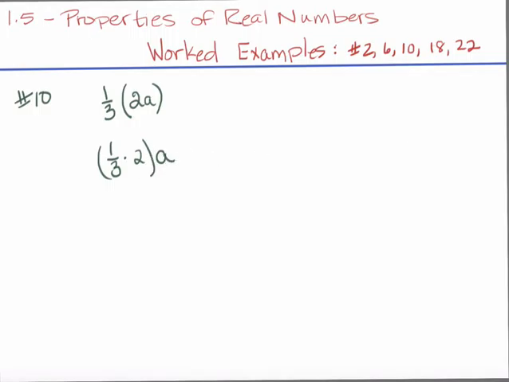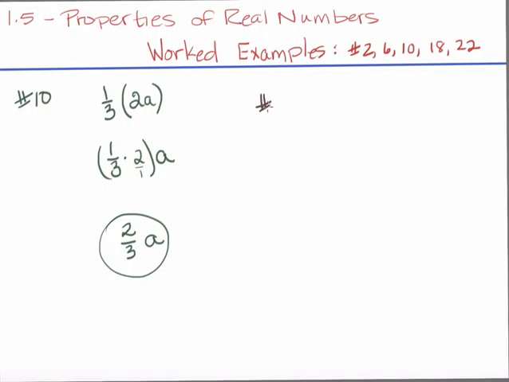Well, remember in an earlier video I said I tend to think of 1/3 times 2 as 1/3 of 2. There are lots of different ways you can do arithmetic with fractions. That's not really the subject of this video, so I'll just assume that you're comfortable with the idea of multiplication of fractions. 1/3 times 2, or 1/3 of 2, is 2/3 times a. And here's my final answer.